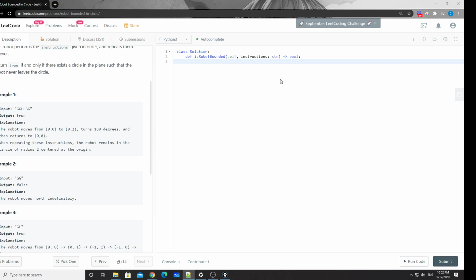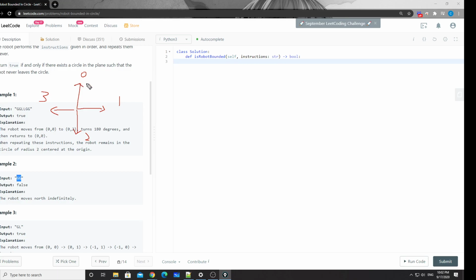Since we have either turn left or turn right, we have to use a small trick here. Basically, I'm going to define north as 0, east as 1, south as 2, and west as 3.